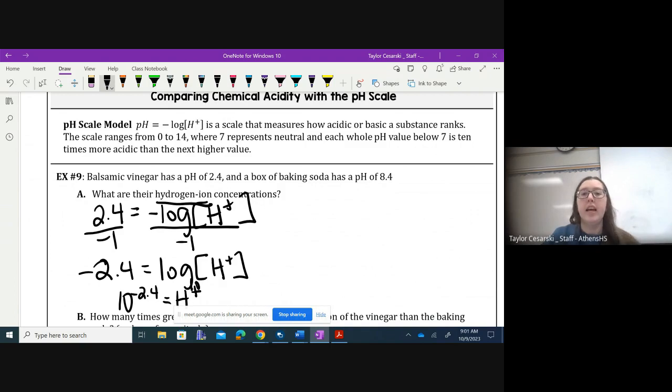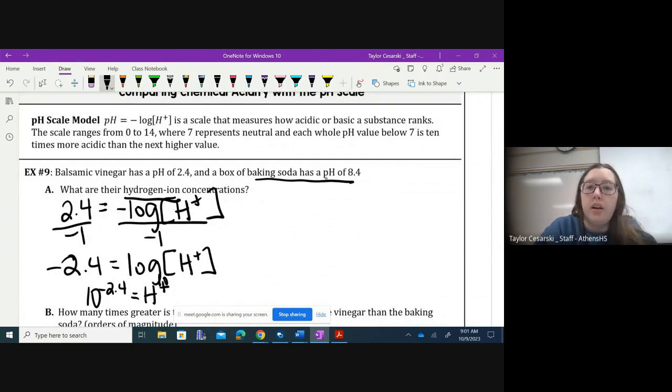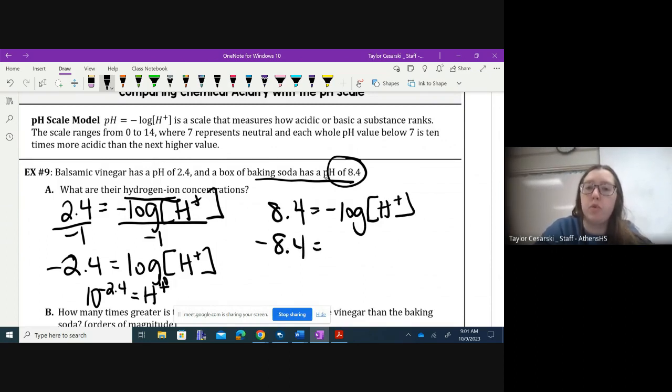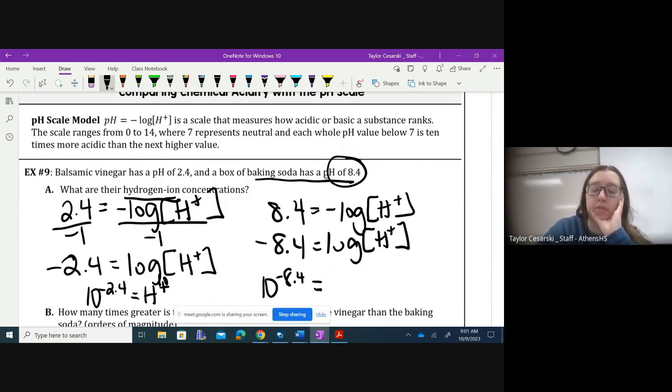All right, then I have the baking soda, of 8.4, so we're going to follow the same sort of idea here, and I get negative 8.4 equals log of my hydrogen ion concentration. 10 to the negative 8.4 is my hydrogen ion concentration for the baking soda.